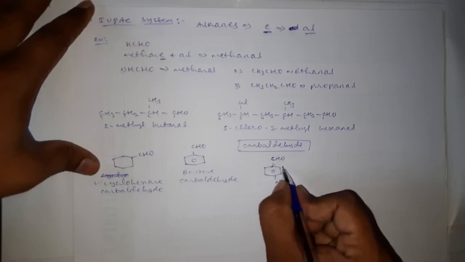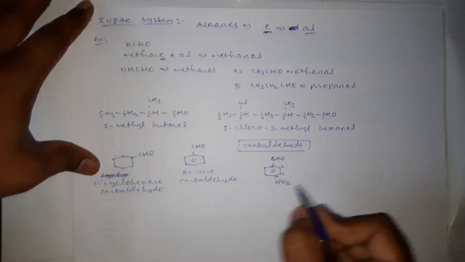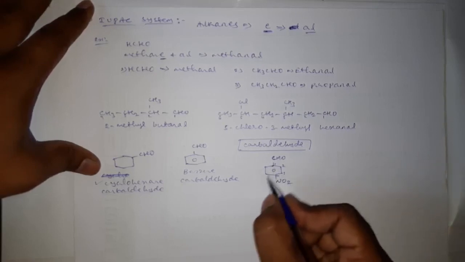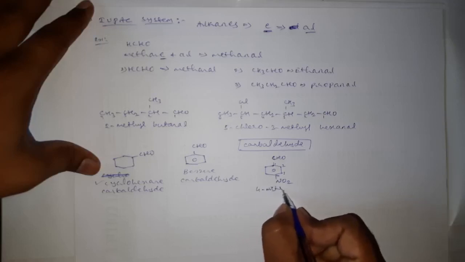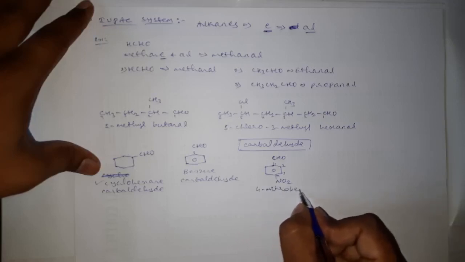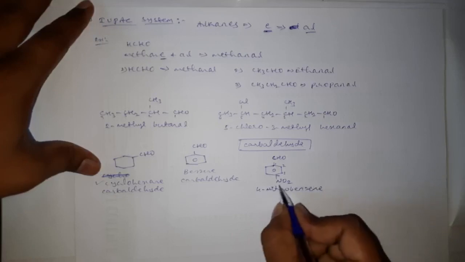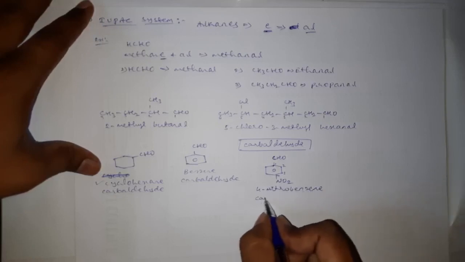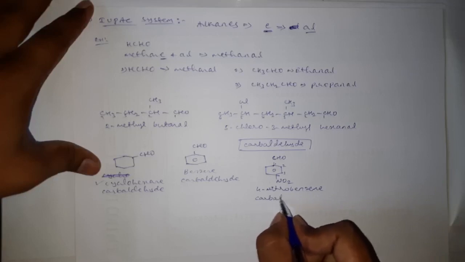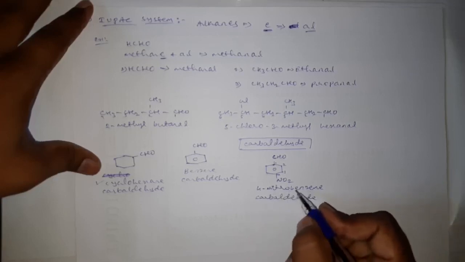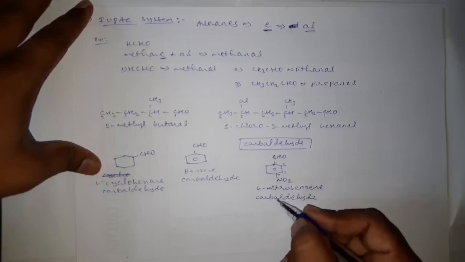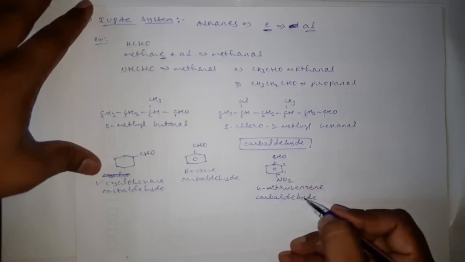Therefore this is 1, 2, 3 and 4, and the name of this ring is 4-nitrobenzene, and after this we have to add the suffix carbaldehyde: 4-nitrobenzenecarbaldehyde.